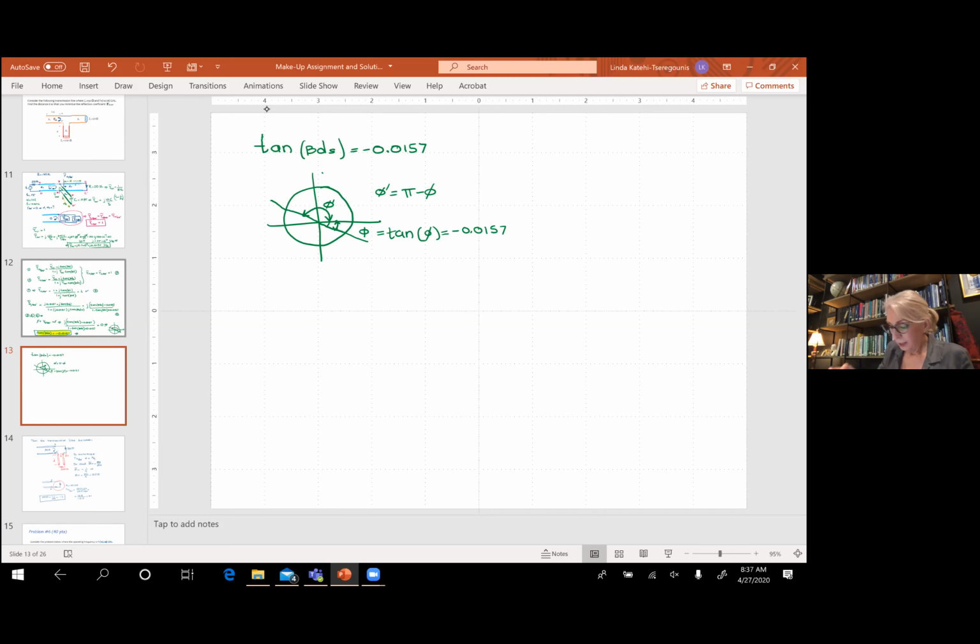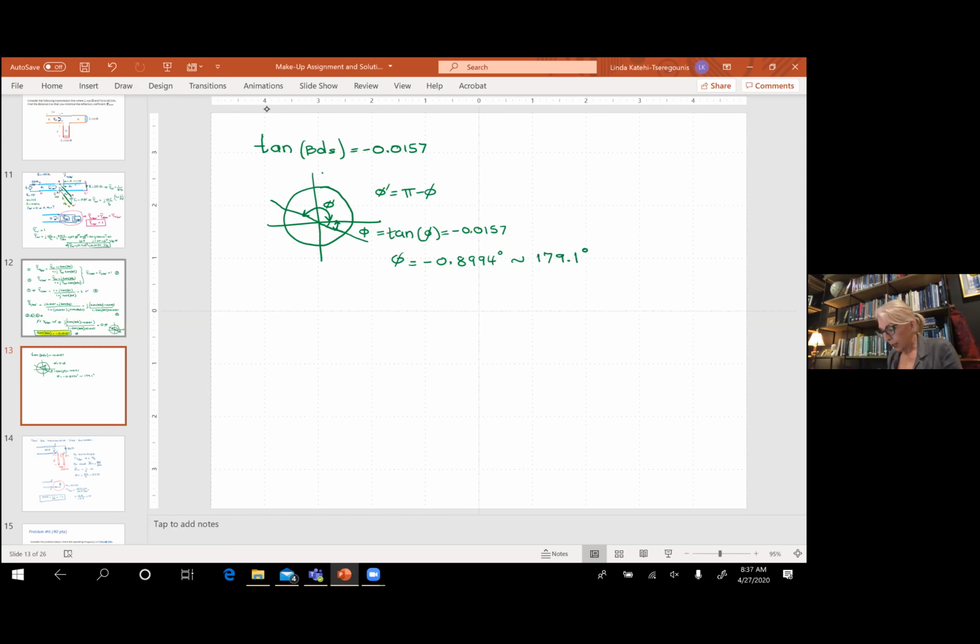That gives us, in degrees, φ would be minus 0.8994 degrees, or approximately 179.1 degrees.